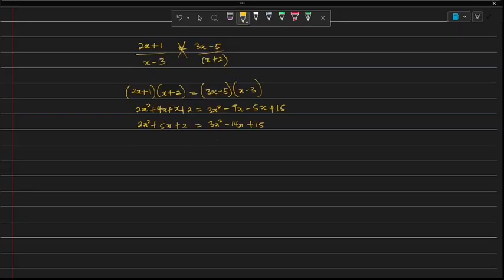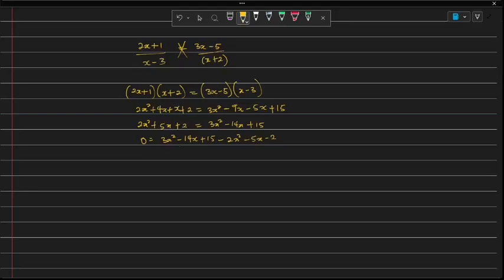Right, so now we can move everything to the other side, and we're going to be having 0 is equals to 3x squared minus 14x, well, plus 15 minus 2x squared minus 5x minus 2. Do not forget, when a variable crosses the equals to sign, the sign changes from positive to negative or from negative to positive. It depends on which of them you have.